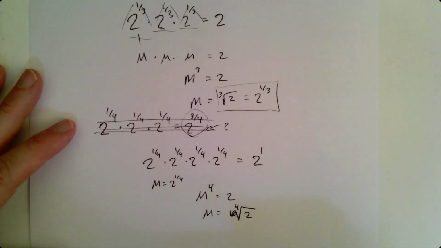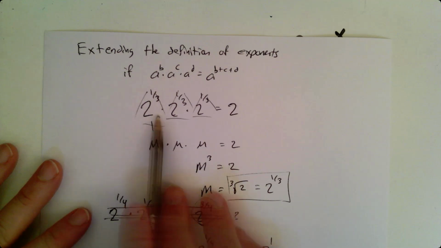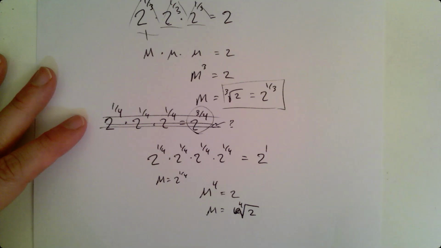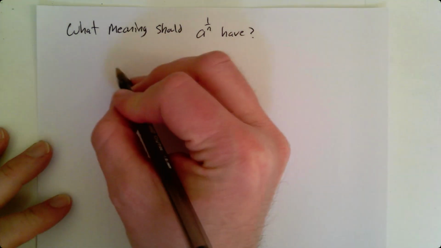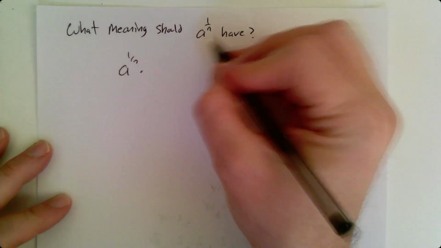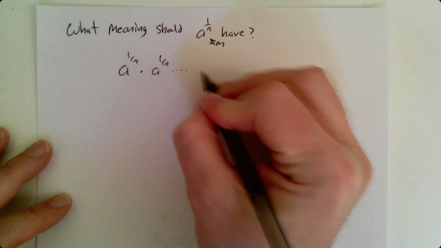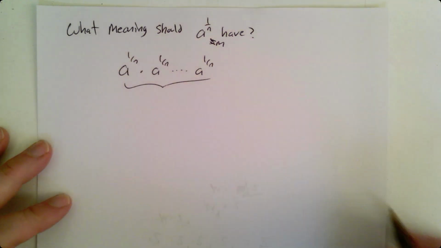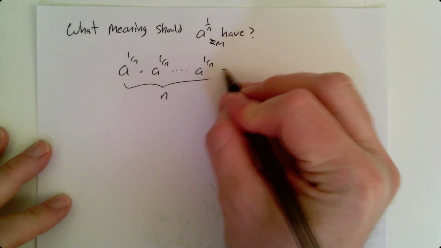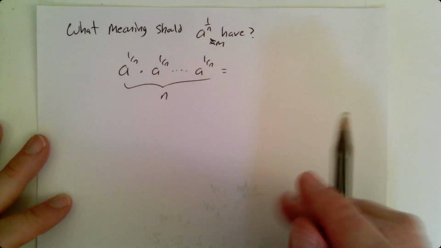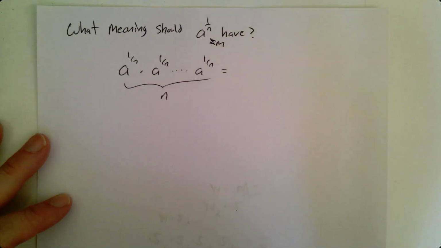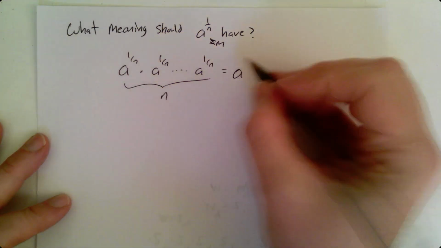Hopefully you're starting to see the pattern here and how we're going to make the argument. We've done it for 2 to the 1/3 power, and we've done it for 2 to the 1/4 power. Let's do it for a to the 1 over n power. The way the argument's going to go is I'll define the mystery thing as m, and let's multiply it by itself over and over again. How many times should we multiply it by itself? Let's do it n times. If those same laws of exponent addition remain true, the exponents should add to be 1.